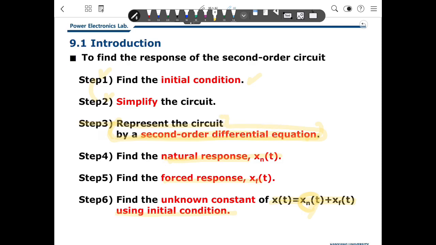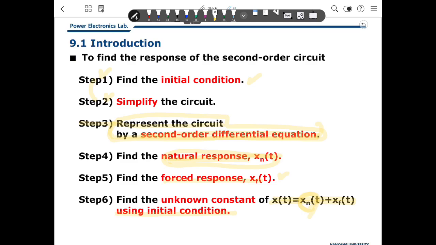So today we discussed how to get the second-order differential equation from the circuit. Next we'll discuss the natural response of the second-order differential equation, and the forced response is the same.